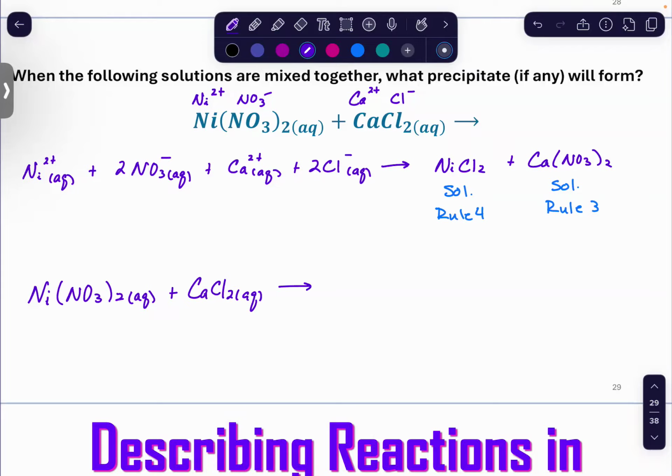And then on the right side, we're going to get nickel 2 chloride. It's soluble, so it's aqueous. And calcium nitrate. It's soluble, so it's aqueous. And there's our balanced reaction equation. Again, you'll find out in a minute that this actually means there's no reaction, and we'll see why.